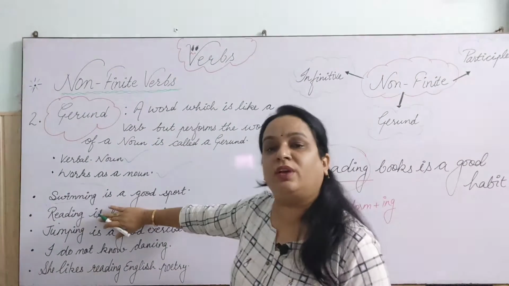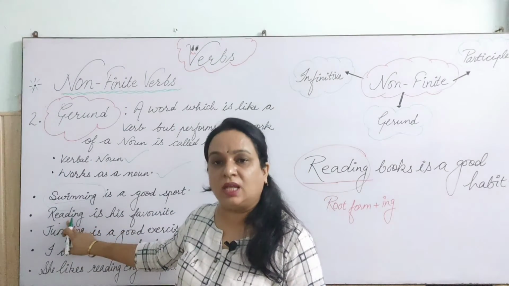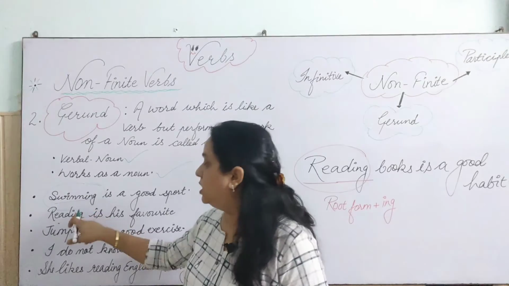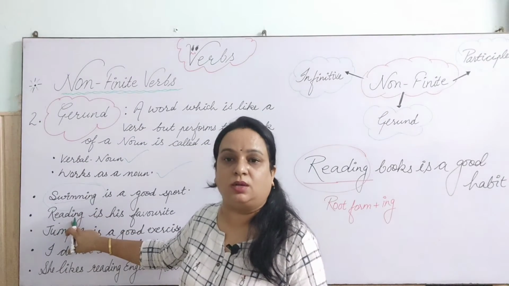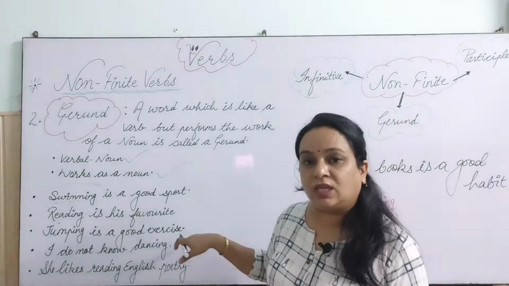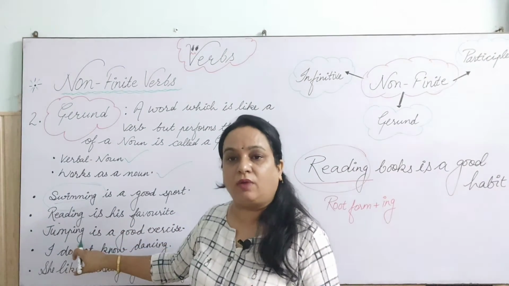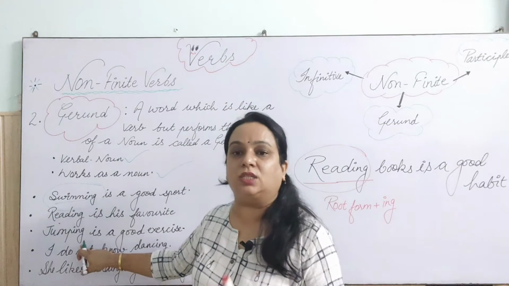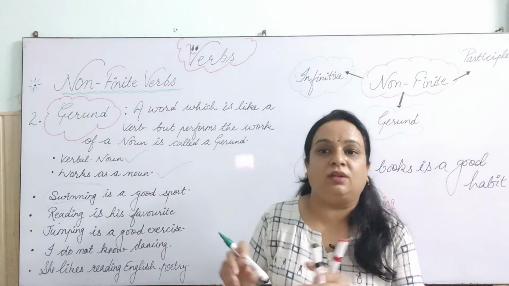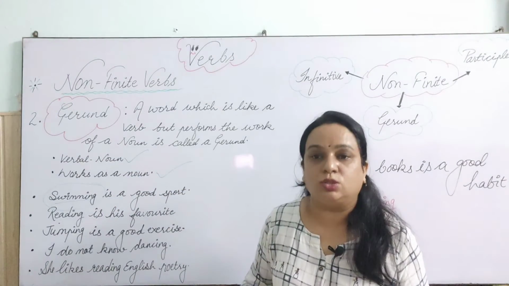So what is his favorite? Reading is the answer, right? So that is working as noun. Clear? So this ing form, reading, here working as gerund, verbal noun, you can say. Jumping is good exercise. What is good exercise? That is jumping, right? So this is again working as gerund. I am telling you, it is not necessary always that this will appear in the starting of the sentence. It is not so.